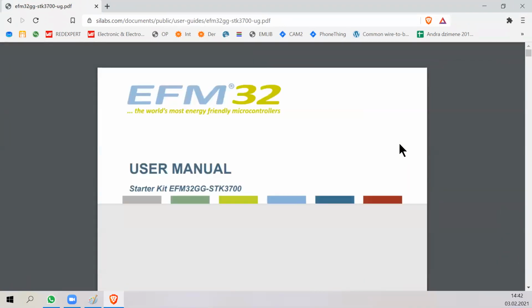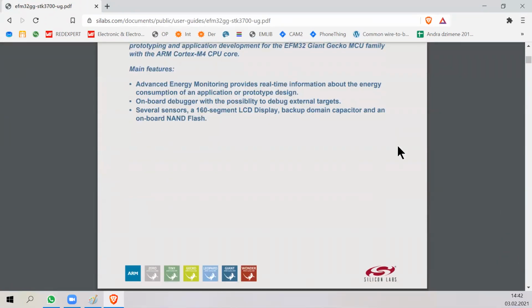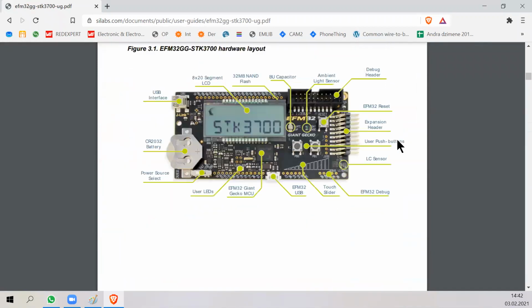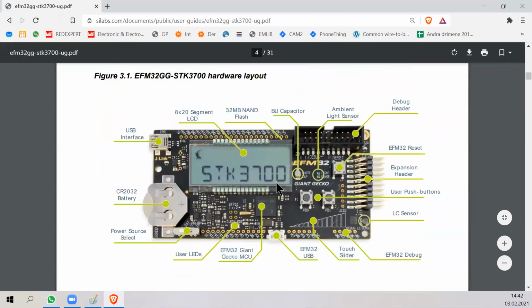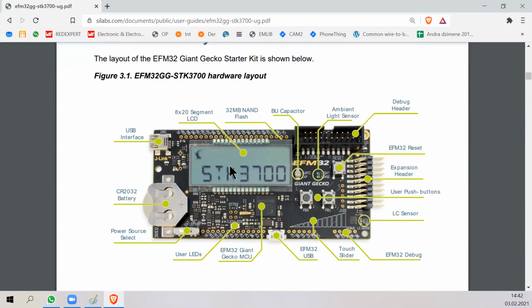So where is the picture? Okay, so from school, you will receive this development kit, which is manufactured by Silicon Labs, which is a very decent microcontroller manufacturer. And on this development kit, you will have a microcontroller and some buttons, some LEDs, a light sensor, and something like that.